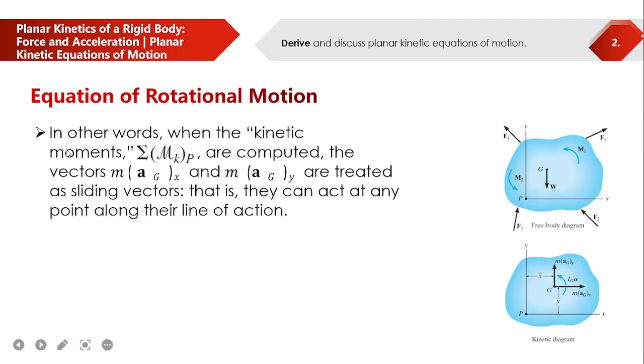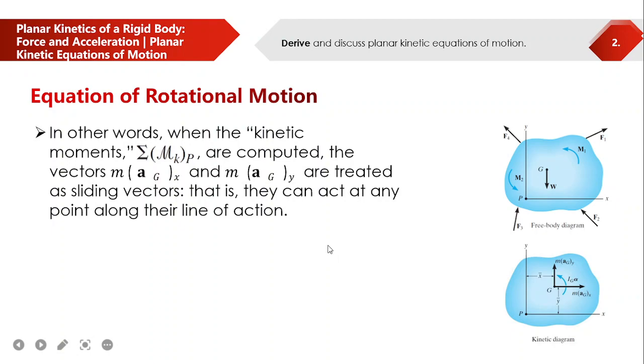So much for that. In other words, when the kinetic moments, or the summation of the kinetic moments, are computed, the vectors m times a sub g sub x and a sub g sub y are treated as sliding vectors. That is, they can act at any point along their line of action.